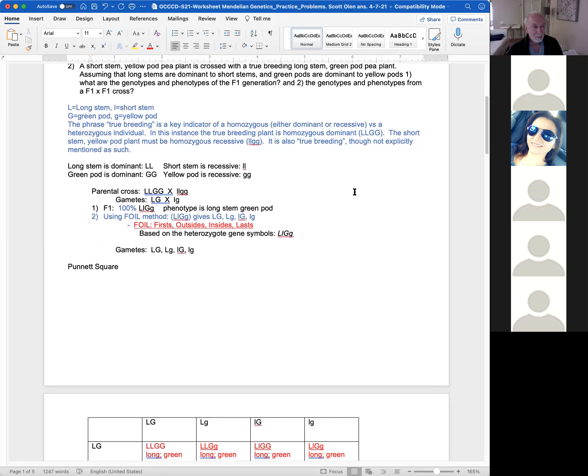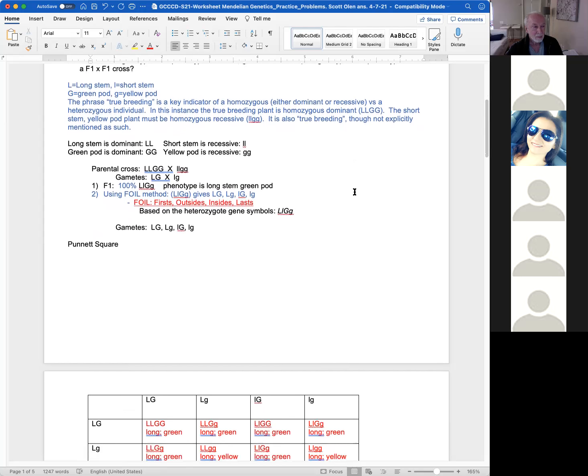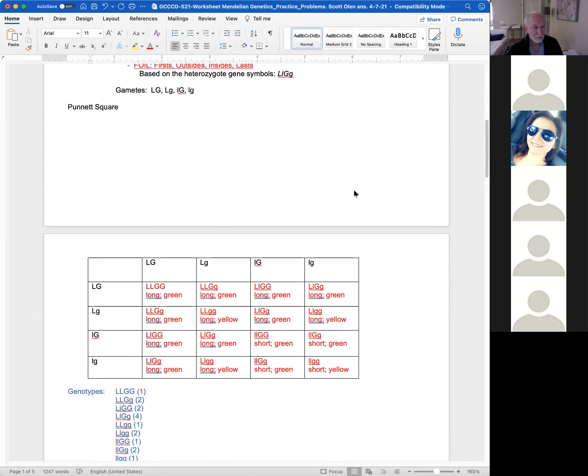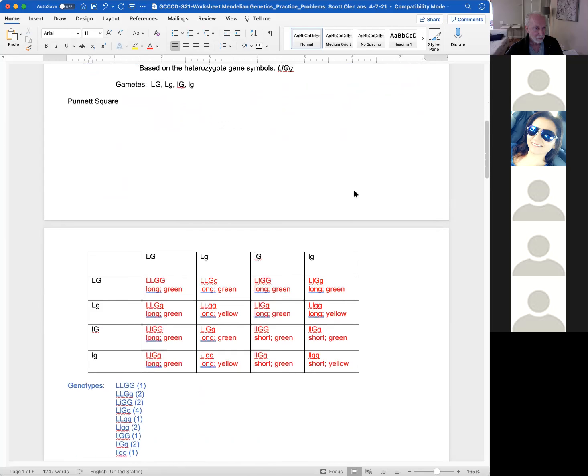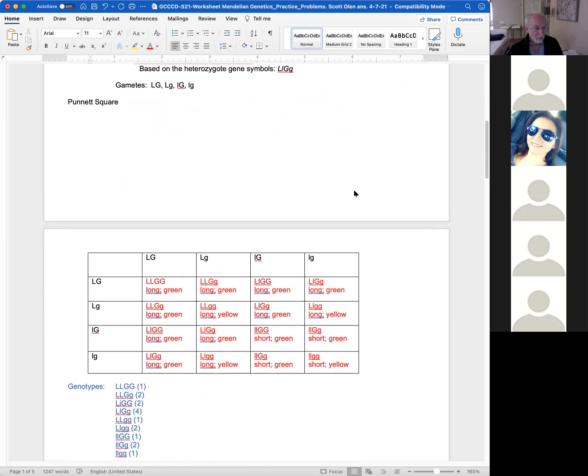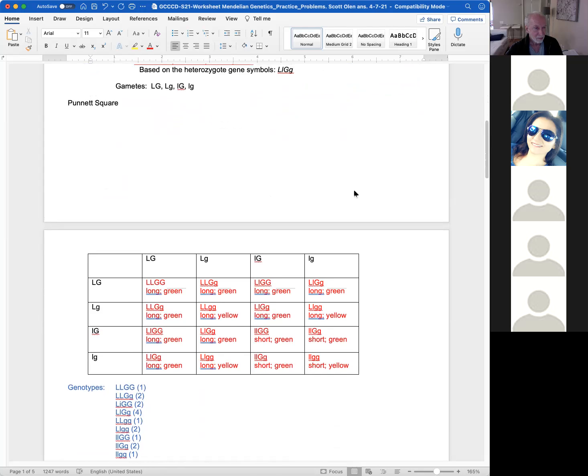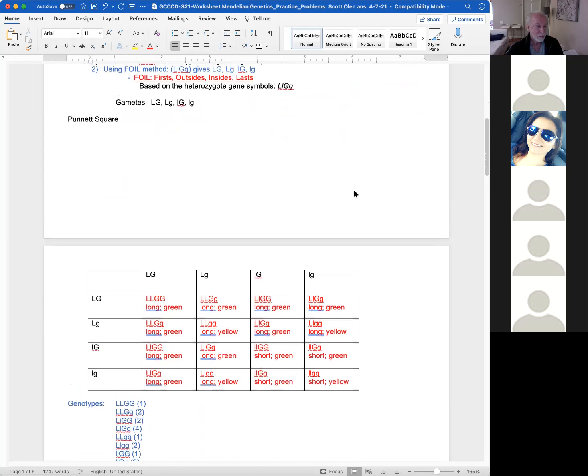We want to know about this F1 cross. Well, we're going to have a big L, little l, big G, little g crossed with another big L, little l, big G, little g. And we need to figure out what gametes each of those parents can produce.